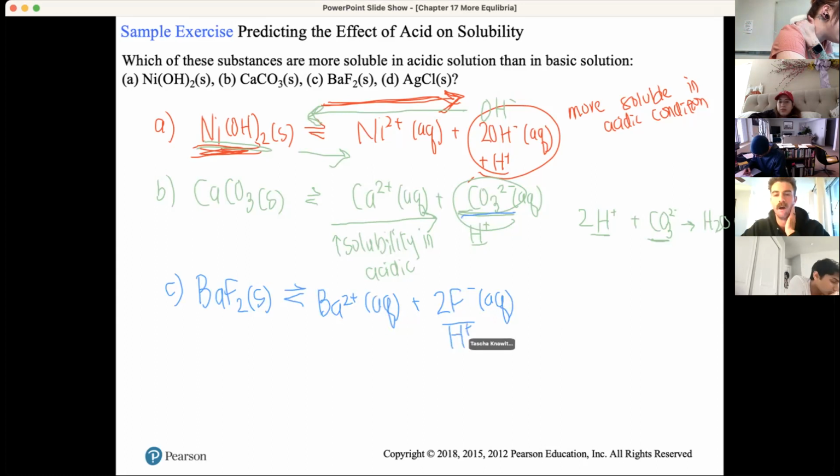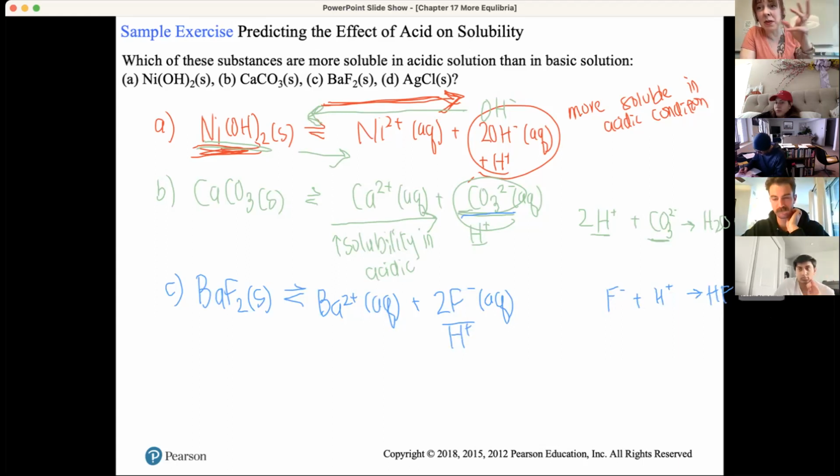So if I add H plus in here, am I going to have a reaction? Yep, I'm going to have fluoride plus hydrogen react to form HF. It's going to have a separate equilibrium reaction, pulling it out. So what's going to happen to my solubility?